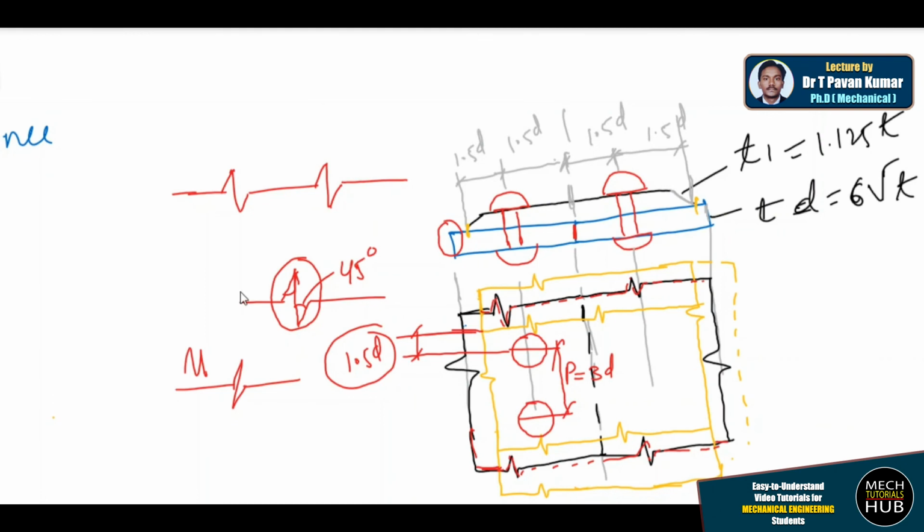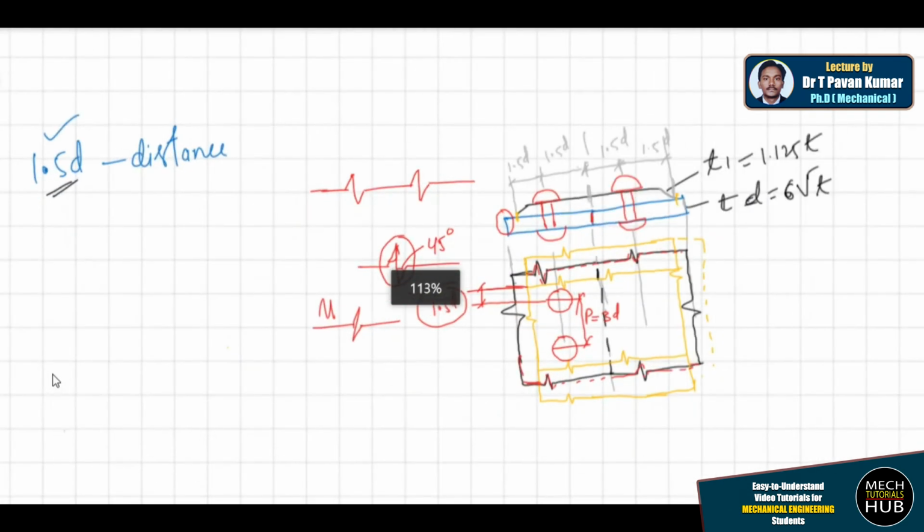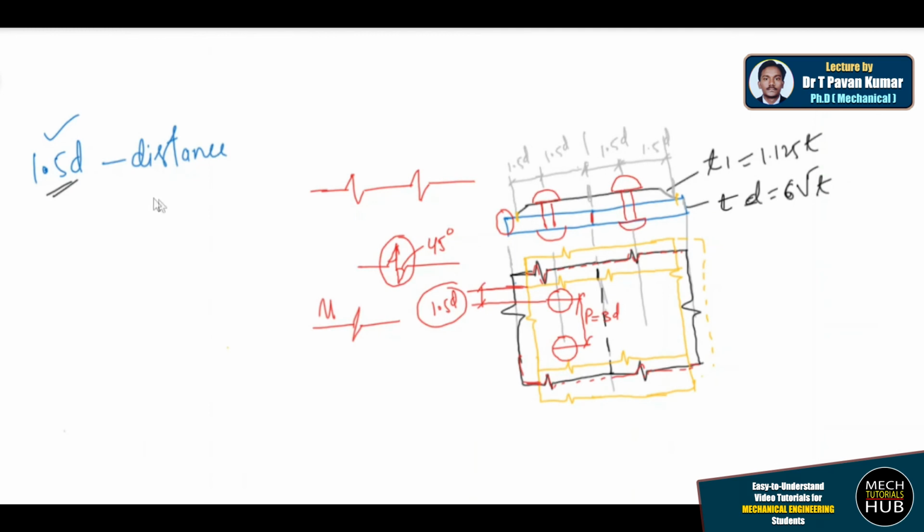Coming to the application point of rivets, where exactly we will use rivets. You will see them in the manufacturing or fabrication of boilers, because permanent joints are required.